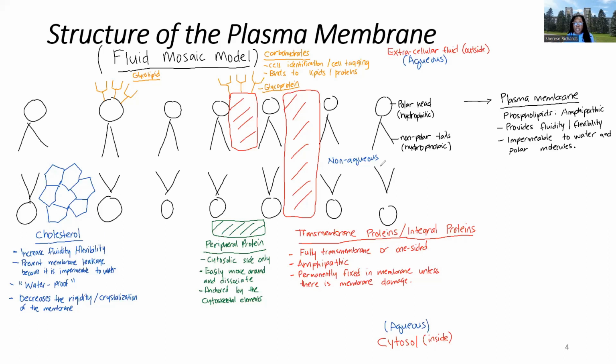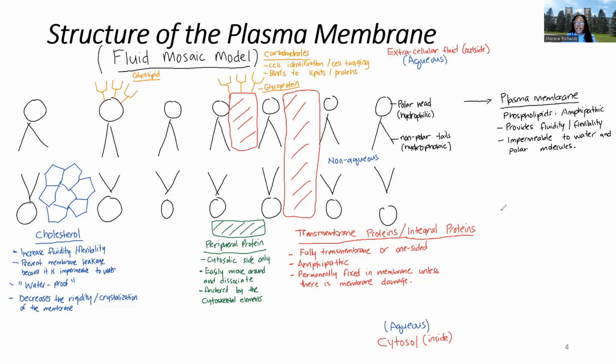So cholesterol increases the fluidity, decreases the rigidity, and creates this mosaic, this moving, fluid, flexible structure instead of that densely packed repeating structure. So those are some of the features of the plasma membrane, and this is what really is able to separate what's happening inside the cell from what's happening on the outside the cell.